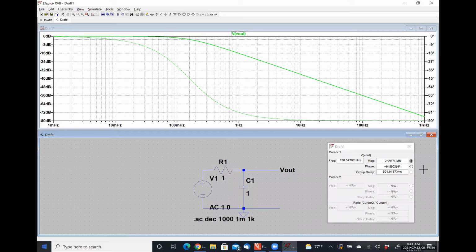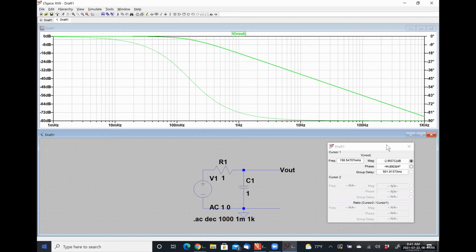So we can easily see this is what it looks like. For very low frequencies, our magnitude of 0 dB corresponds to a magnitude of 1, right? Because 20 log of 1 is going to be 0, since 10 to the 0th power is what gives us 1.